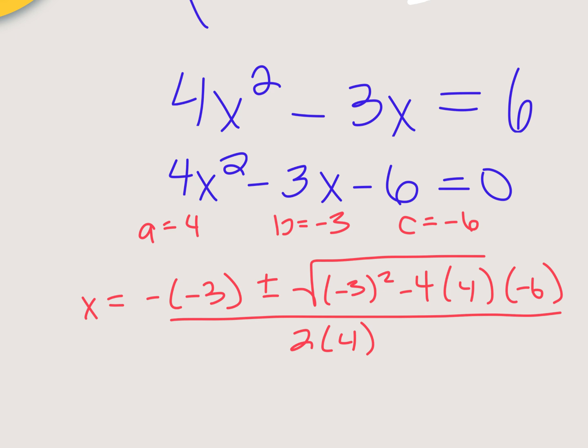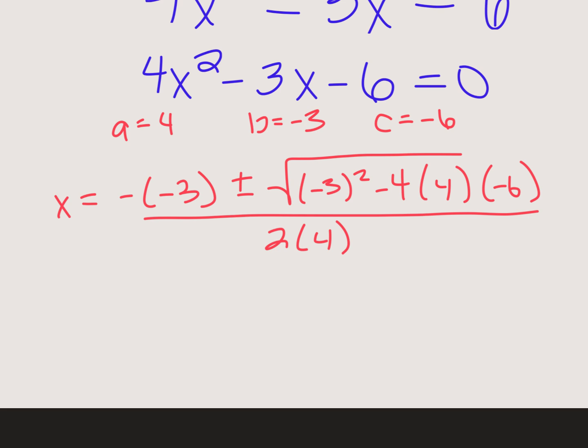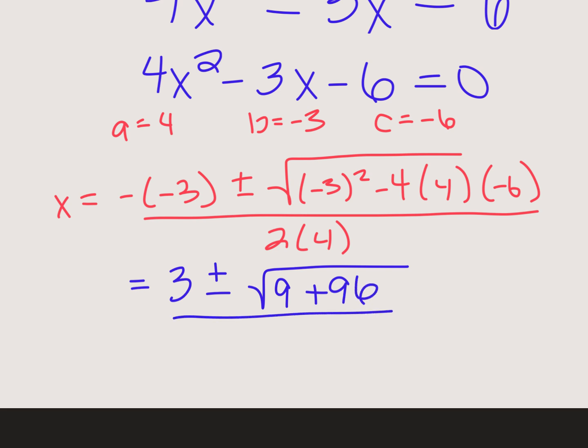And now this just becomes a whole bunch of computation. Negative negative 3 gives me 3. Plus or minus, what's negative 3 squared? 9. Then I have negative 4 times negative 6. Plus how much? 96, great. All over 2 times 4 is 8.